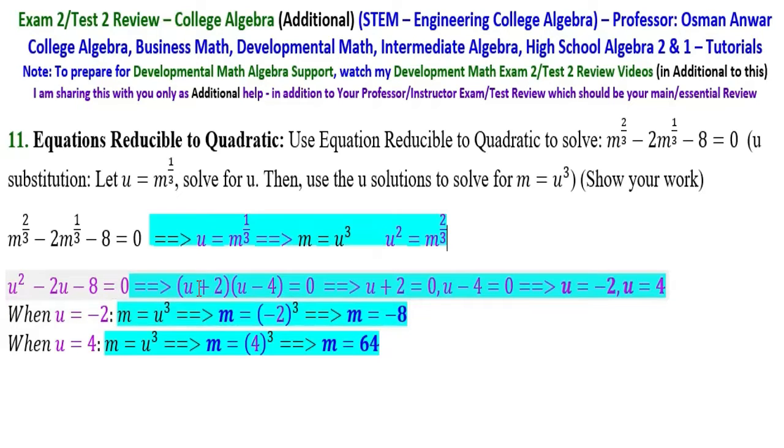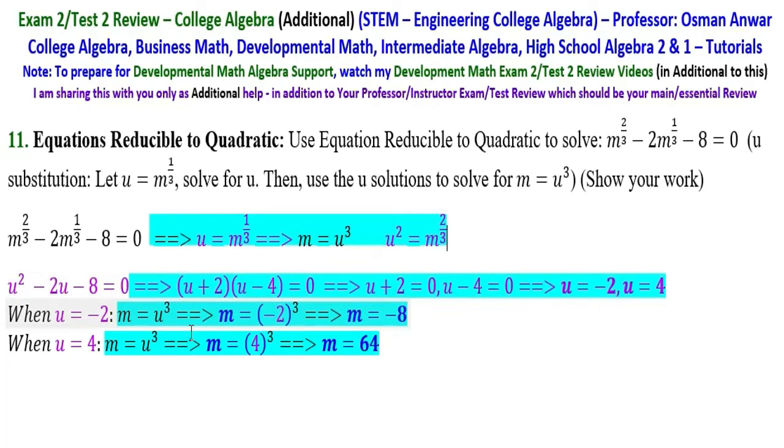This can be factored to u plus 2 times u minus 4 equals 0. So this is u plus 2 equals 0 or u minus 4 equals 0. That is u equals minus 2 or u equals 4.